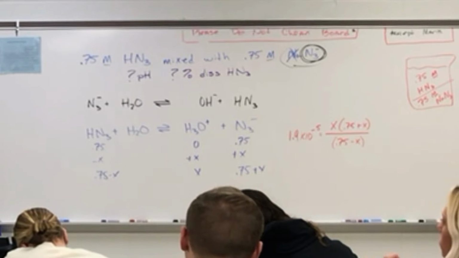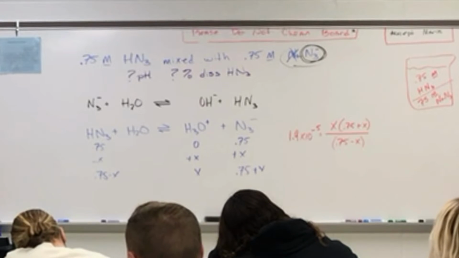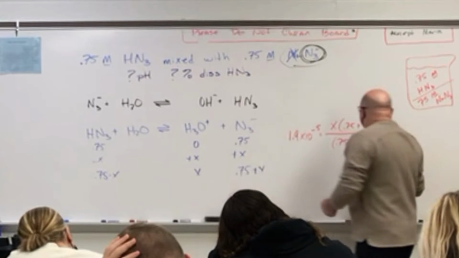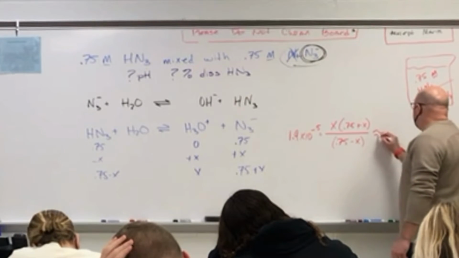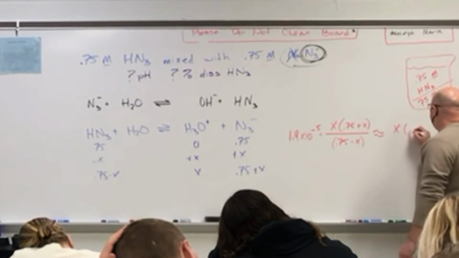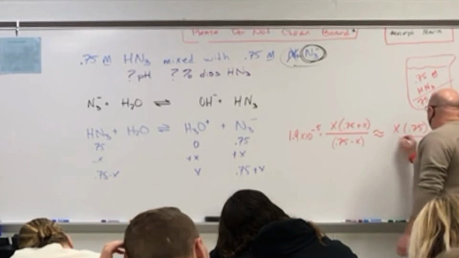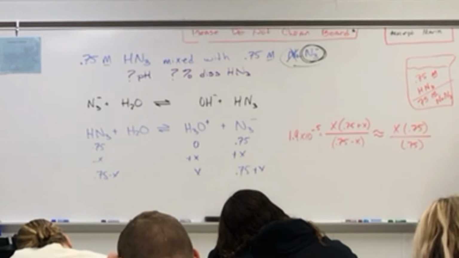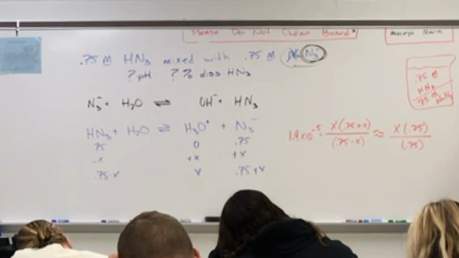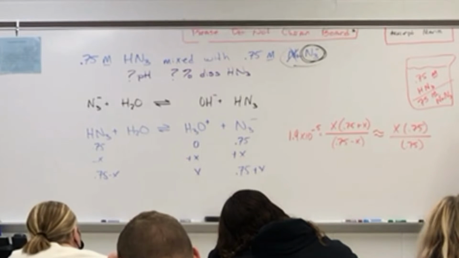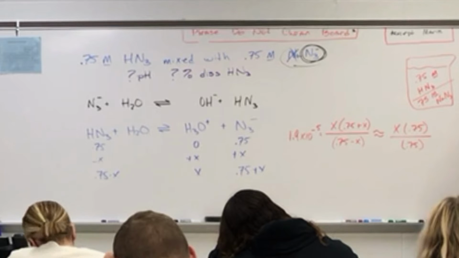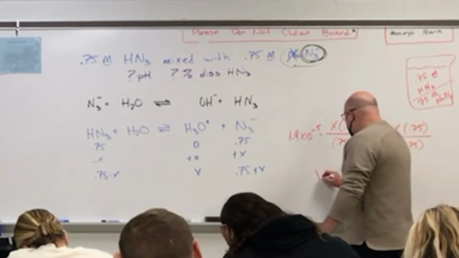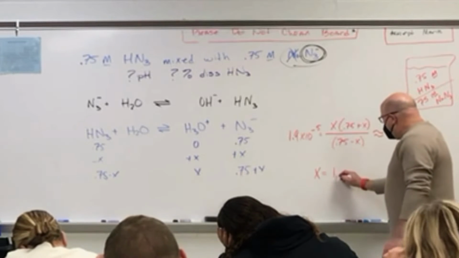Anytime you get plus or minus x, drop them. So we're going to say close enough to being equal to x times 0.75 over 0.75. I want to see if anybody picks a calculator up. Austin, you want to do the calculator? X is equal to what? 1.9 times 10 to the negative 5.